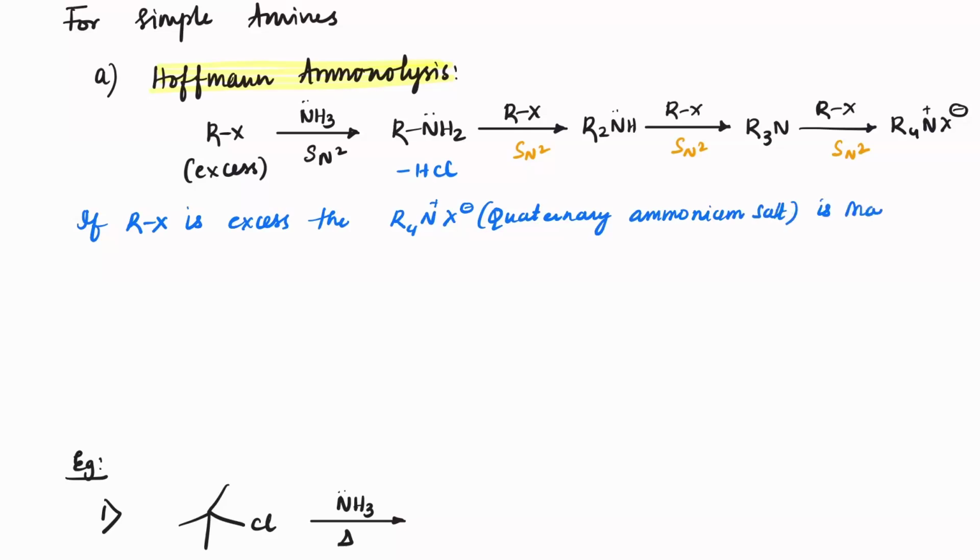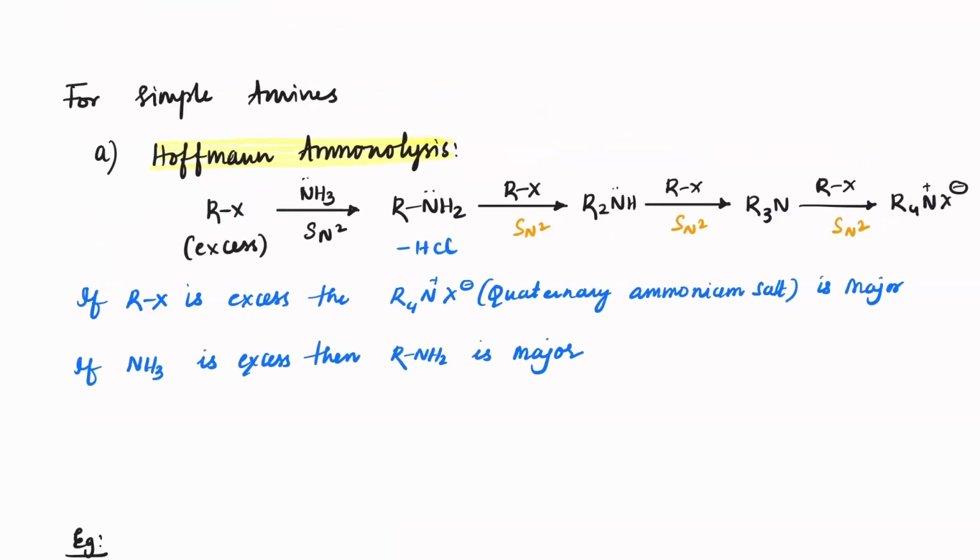But if NH3 is in excess, then the 1 degree amine RNH2 is major. Still, it's not as major as 90-10 percent. You still have a large quantity of 2 degree, 3 degree and quaternary ammonium salt. All okay, everybody? This is how the reaction goes in Hoffmann ammonolysis.